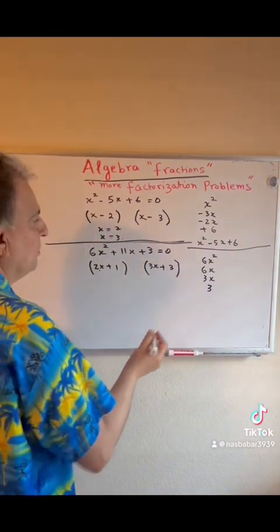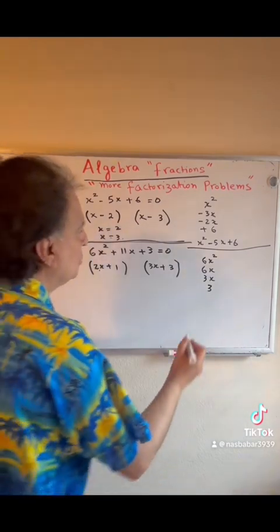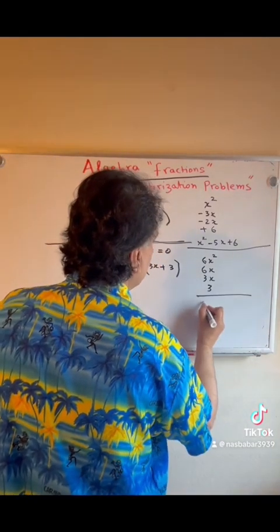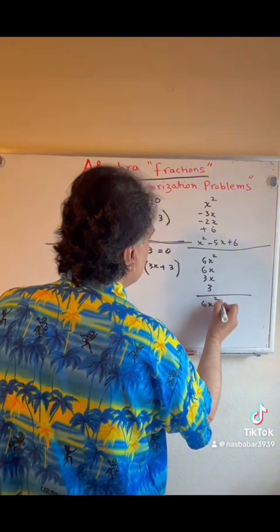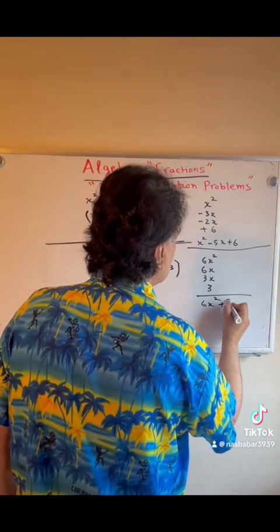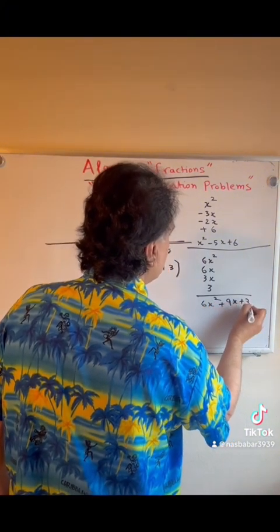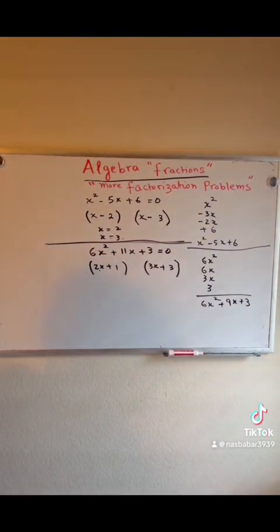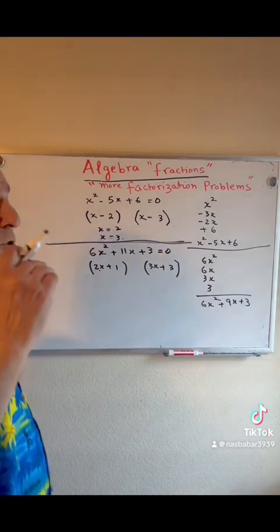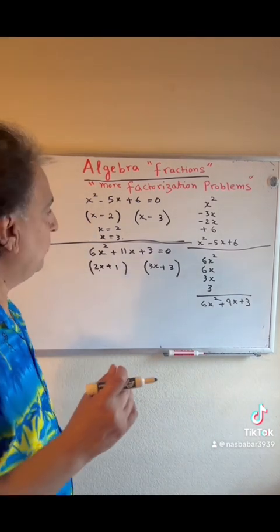So, well, that doesn't seem like the right solution, right? Because I have 6x squared, 6 plus 3 is 9x, and plus 3. But I have 11x over here. So how do I fix it? That's a problem, right? So it's always a good idea to check your problem after you solve it.